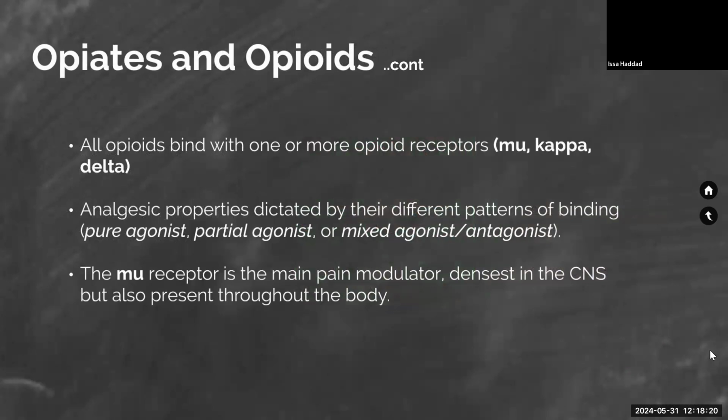All opioids, as we know, there is some pharmacokinetics. I try to make it as much as possible related to nephrology for us. So as we know, all opioids bind to one or more opioid receptors, whether it's mu, kappa, or delta. They act as complete agonist, pure agonist, partial agonist, or mixed agonist-antagonist. And the mu receptor is the most important for pain control.